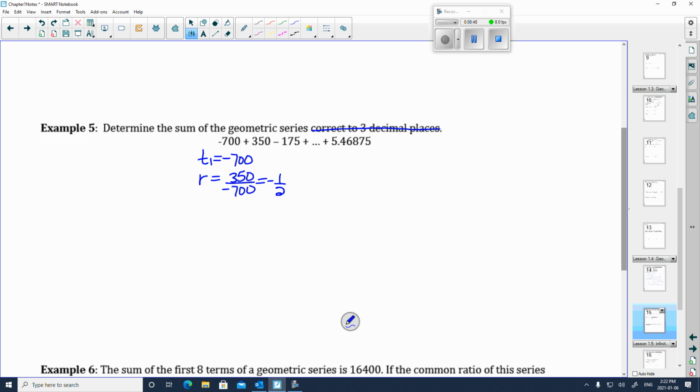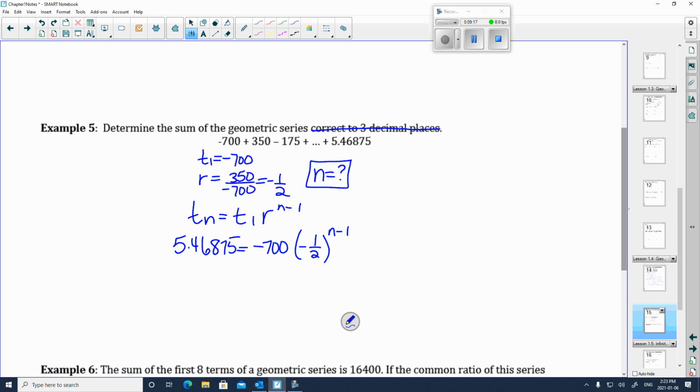So the first thing I need to do is to use the formula Tn equals term 1 times r to the power n minus 1 to figure out what n is. I don't know what n is. Okay? So 5.46875 is equal to negative 700 times negative 1/2 to the power of n minus 1.